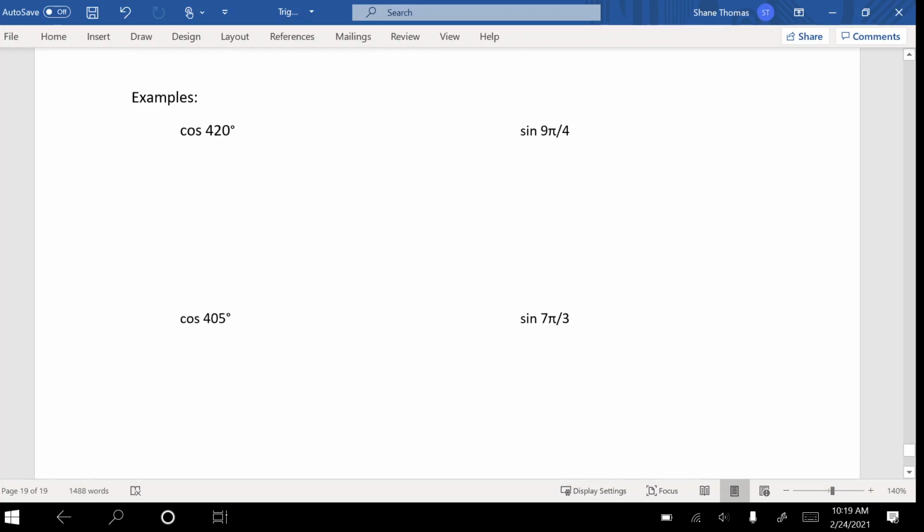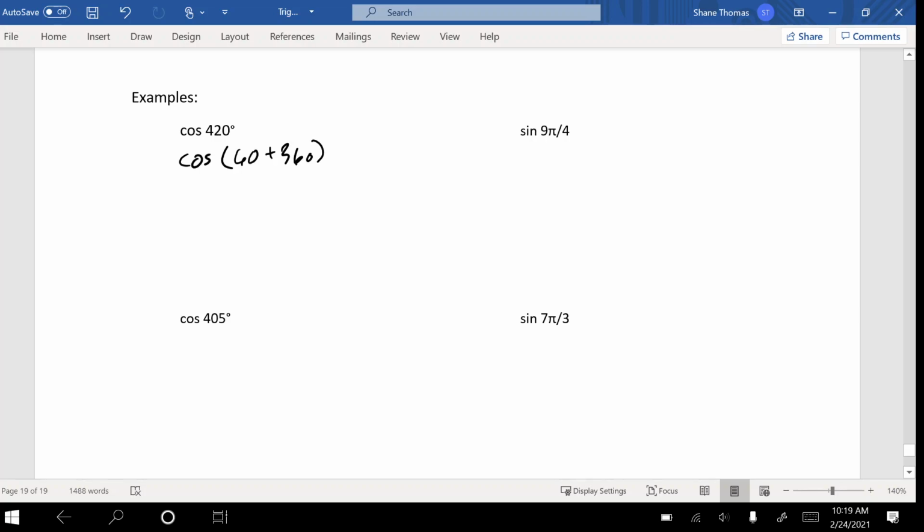So for this one, cosine of 420 degrees. Well, 2 pi is the same as how many degrees? 360. So basically, I can rewrite this as the cosine of, what's 420 minus 360? 60. It's 60 plus 360, right?